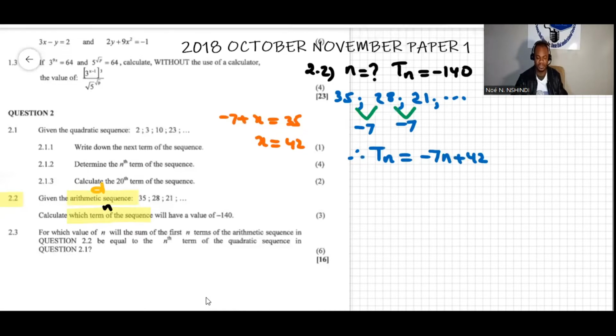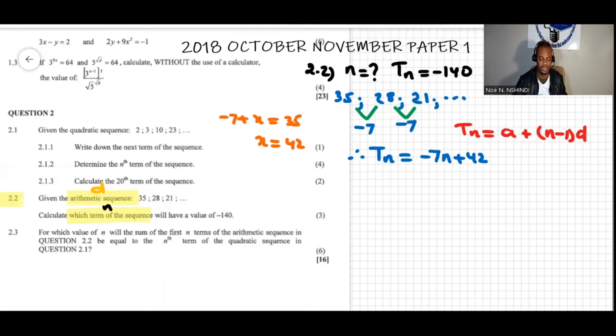That's Tn. Otherwise, we can just use the formula. Tn equals a plus n minus 1 times d. If you're unsure about doing it as I did, you can use that formula.